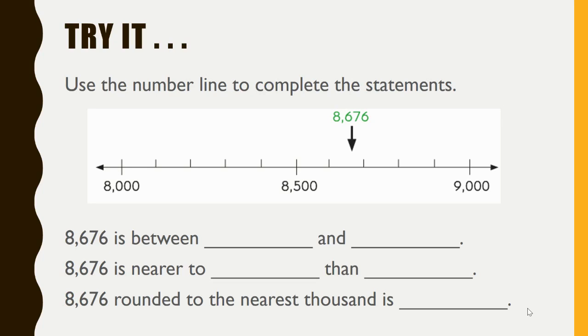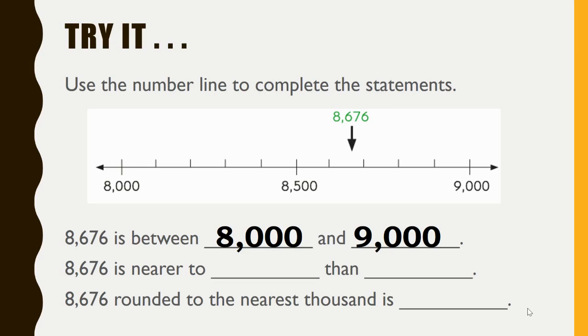Let's see how you did. Our number line shows 8,676. We're asked to find out what numbers it's between. Did you write 8,676 is between 8,000 and 9,000?